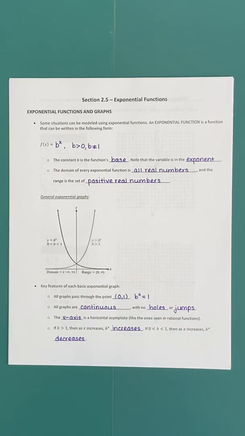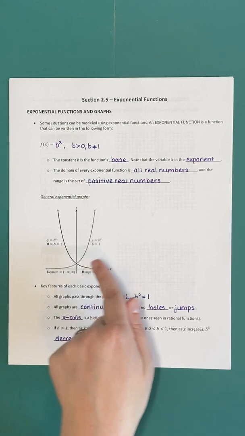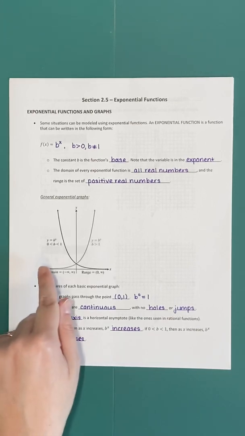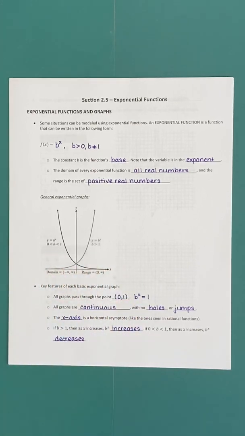Now, just like our polynomial graphs, these graphs are going to be continuous. They go all the way from left to right, no holes, no breaks, nothing like that. Okay. Now, the x-axis, where we're looking for an intercept but we don't find one, actually represents an asymptote. We talked about asymptotes in the context of rational functions.